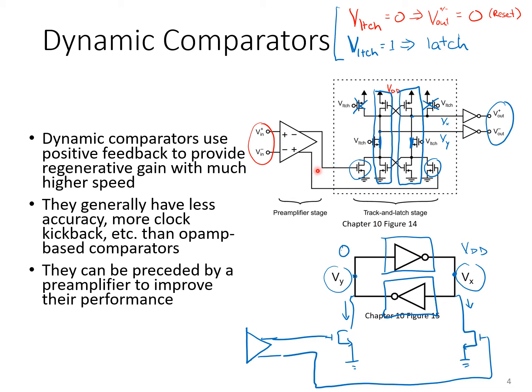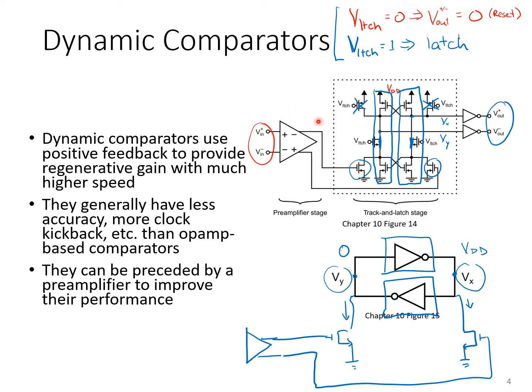Now that's why you see pictured here a preamplifier connected between the input and the positive regenerative stage. The preamplifier can help ameliorate some of the negative aspects of the dynamic comparator and improve its performance by having a little bit of gain at the front end and providing a sort of extra layer of shielding from any kickback.